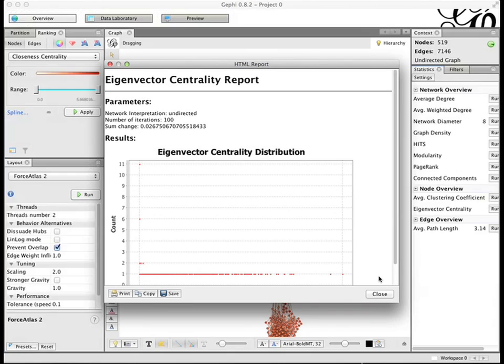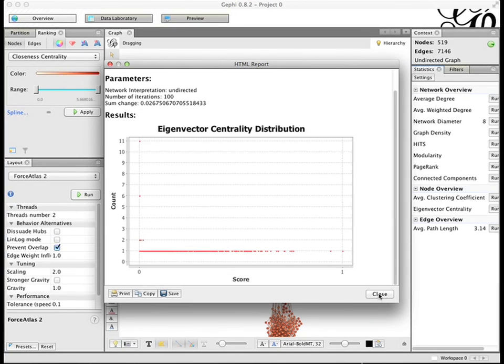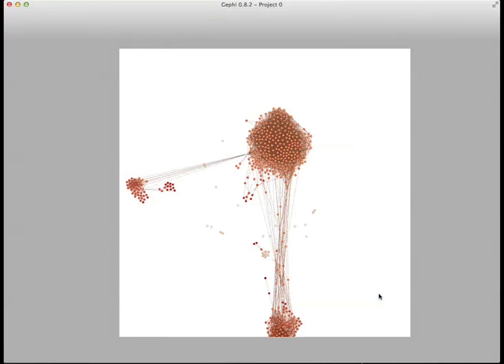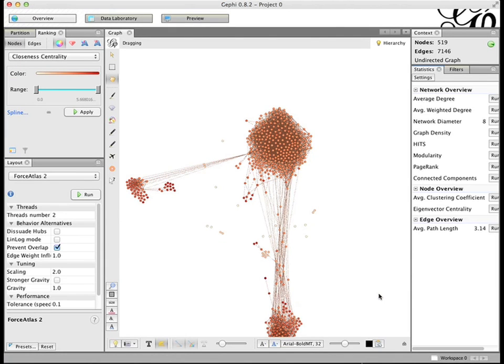The short version is that a node is important if it's connected to other important nodes. Now you'll notice that definition is kind of circular, because in order to understand whether the nodes that it's connected to are important, you need to know whether it's important and vice versa. So this eigenvector centrality is calculated via an algorithm called factor analysis that you can get to know better when you're in graduate school or taking a statistics class.